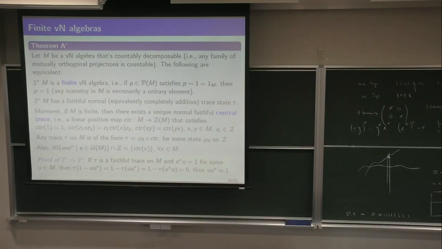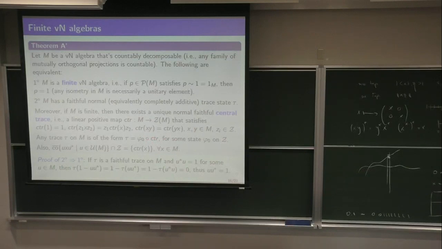Any trace state on M will actually be obtained from this central trace by composing with a state on the center. Of course, if you take any state on the center and compose it with the central trace, you get a trace state.